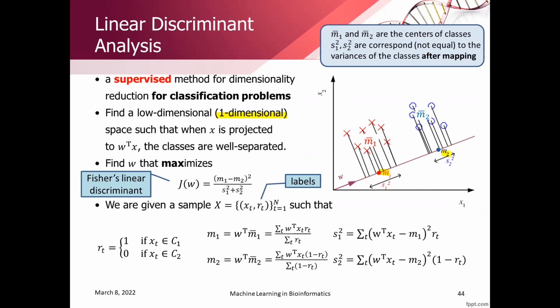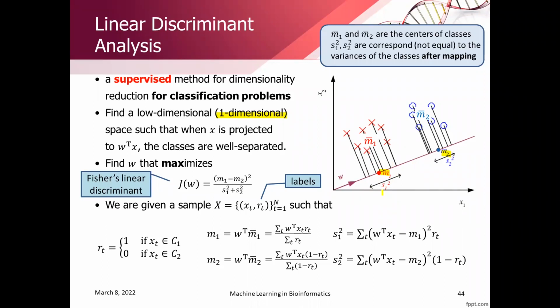Whereas the variance in the first class and the variance after projection, here illustrated as s sub 1 squared and s sub 2 squared, the variance after projection should be small. If the variances after projections are small and the means are far from each other, then the separation will be good, and we can easily classify the data.